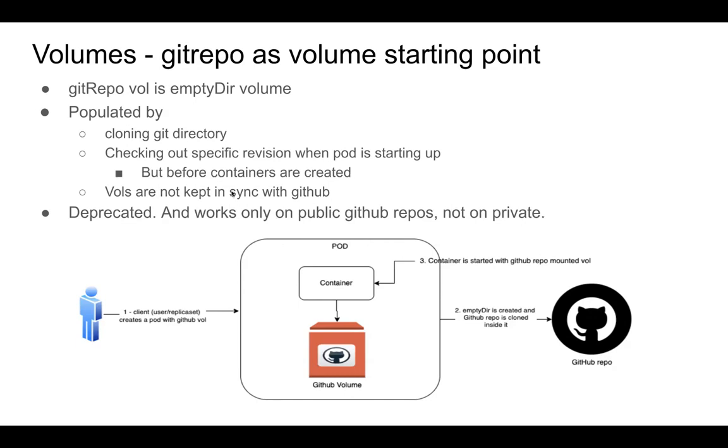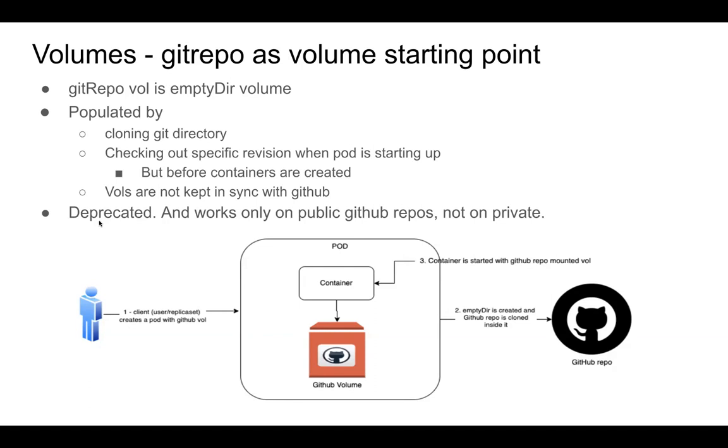Once this Git repo is cloned, whatever content of GitHub is there is made available. After that, if you make changes to the GitHub, committing something or making more changes, those won't be reflected here. So this is a one-time thing.